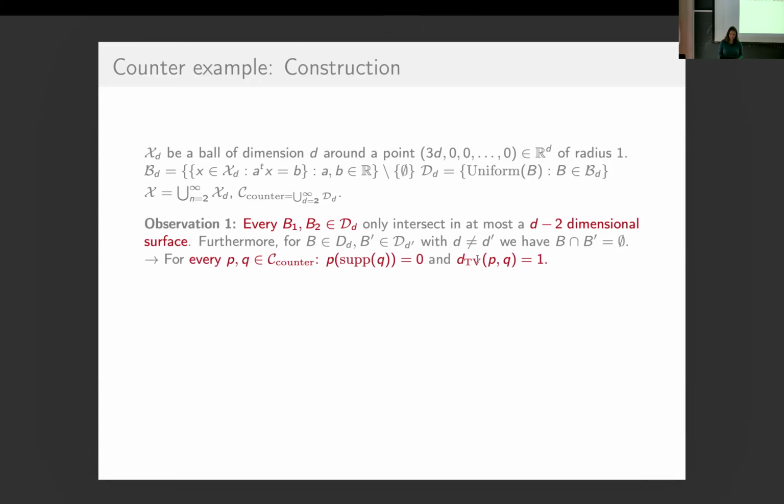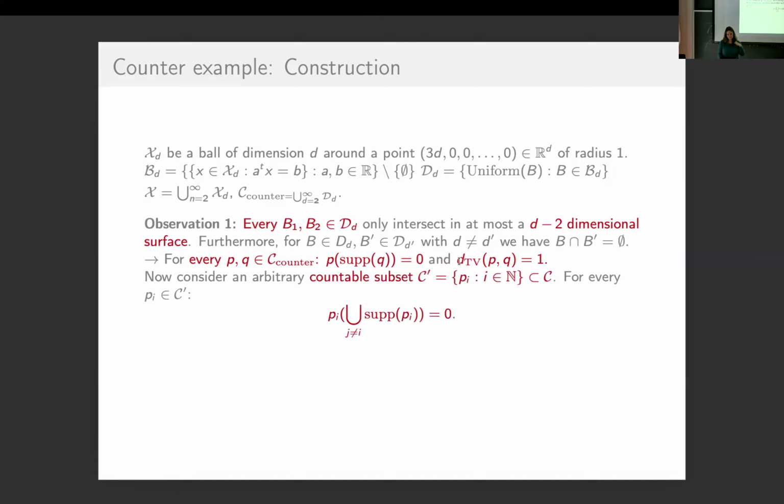So we get that any two distributions in this class have total variation distance 1 from each other. Furthermore, if we take the support of any distribution Q and we measure it by P, that measure is 0. If we take a countable subset, we can take the countable union over all the supports of the different distributions, and that still has measure 0.